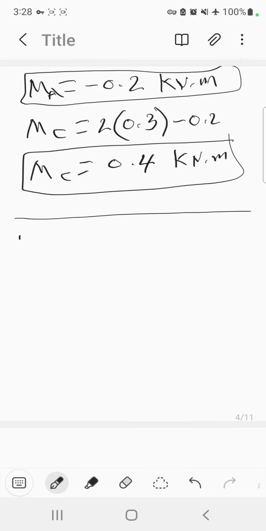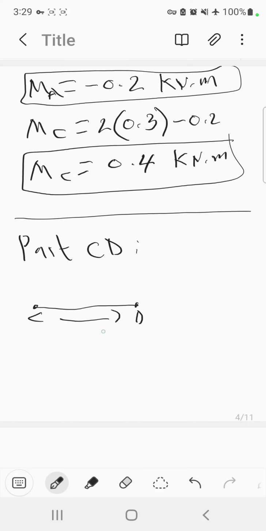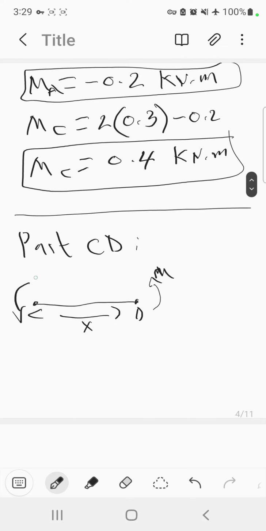Now let's go for part CD. So the FBD for part CD, C, this is D. You know, this one is x. We know the moment, and we know that one is 0.2, and we know it's 3. We know this part is 0.3 meter.